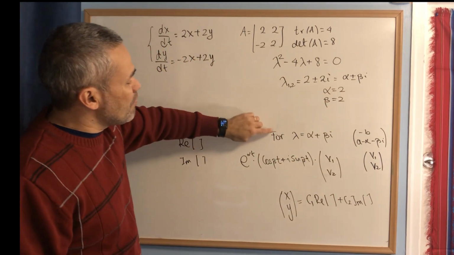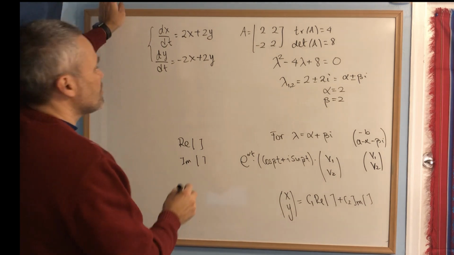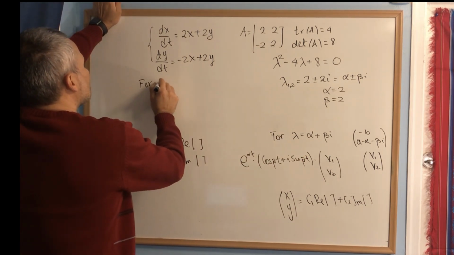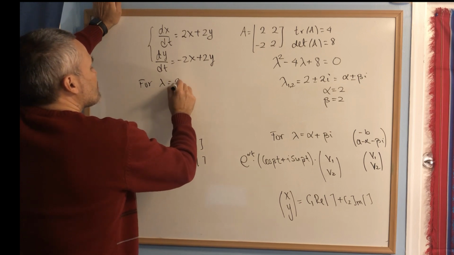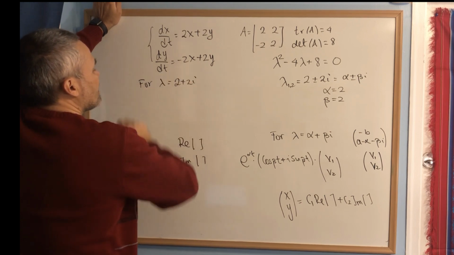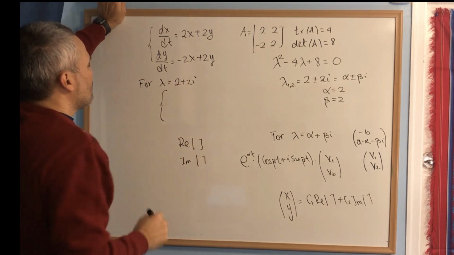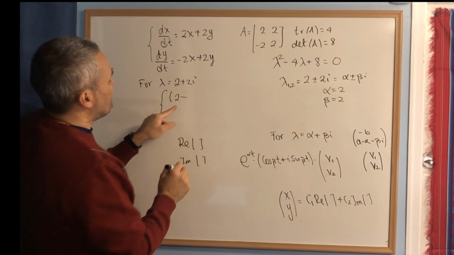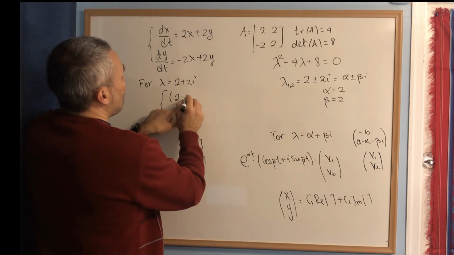Then we need to compute an eigenvector. Let's compute the eigenvector for lambda equal 2 plus 2i. Then we solve this system. We do 2 minus lambda, and here you have to be very careful with your parentheses.